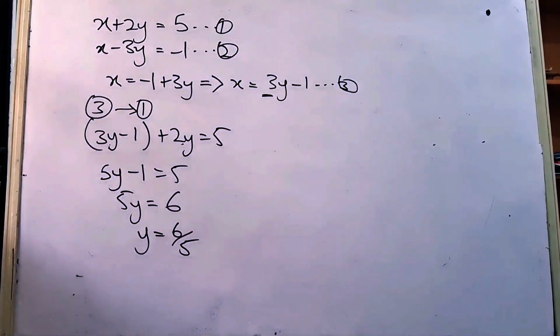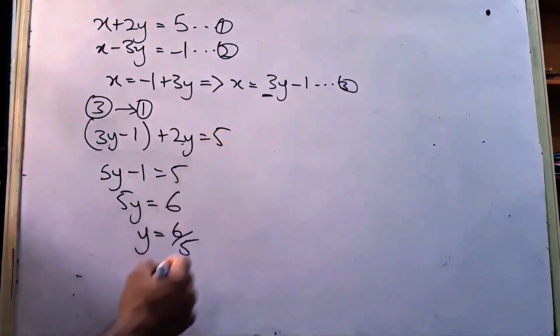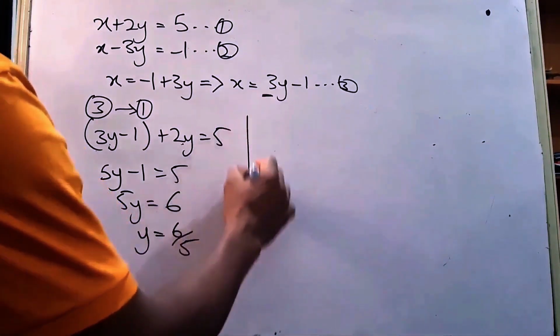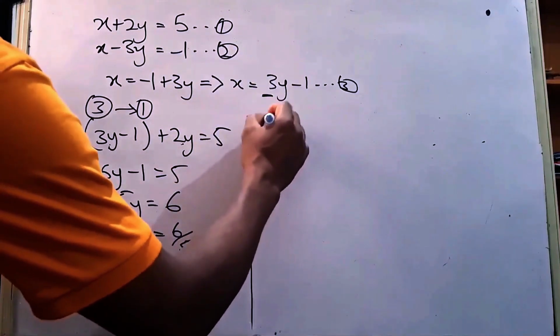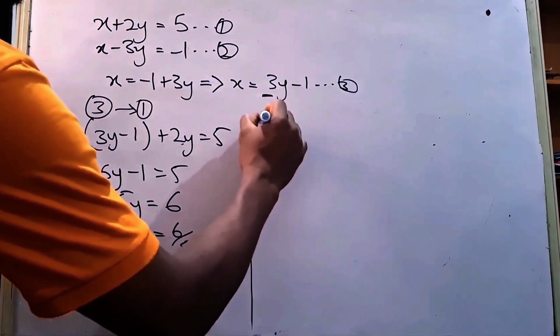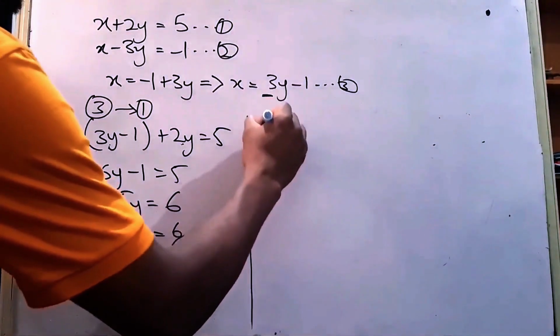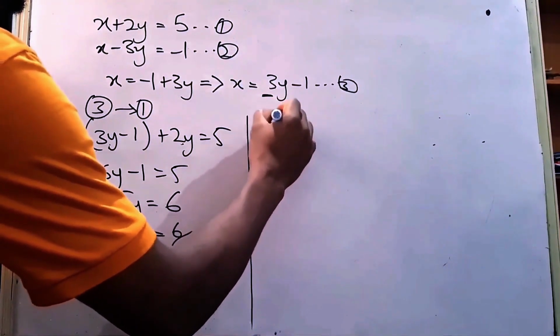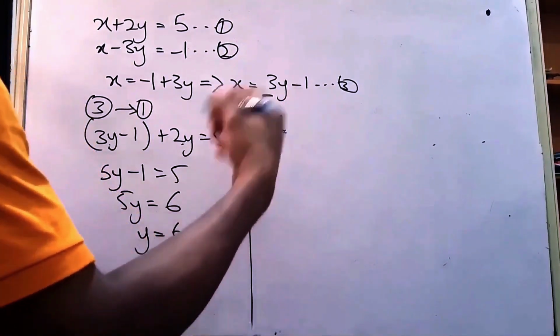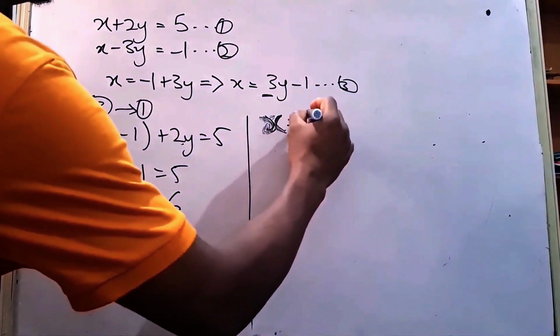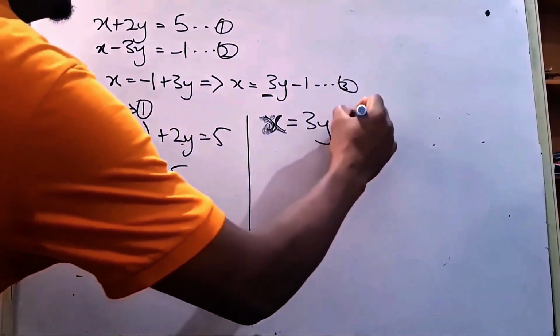We'll take this value and substitute it into equation 3 because it's easier for me. So since y is 6 over 5, it means that x from equation 3, sorry, my marker is misbehaving, is equal to 3y minus 1.